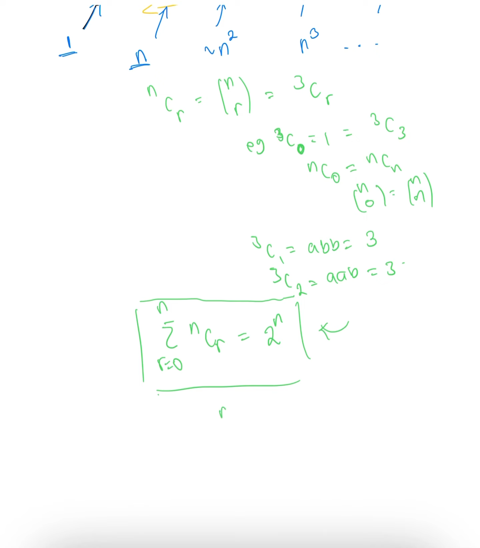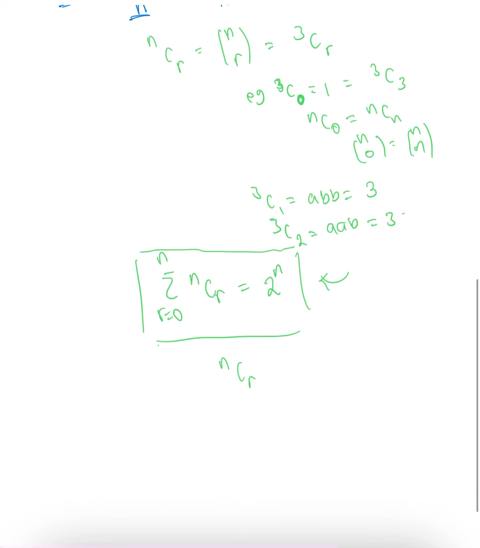So what is n choose r then? How else can we define it? Well, something you have to remember is that it is written as n factorial over (n minus r) factorial times r factorial.